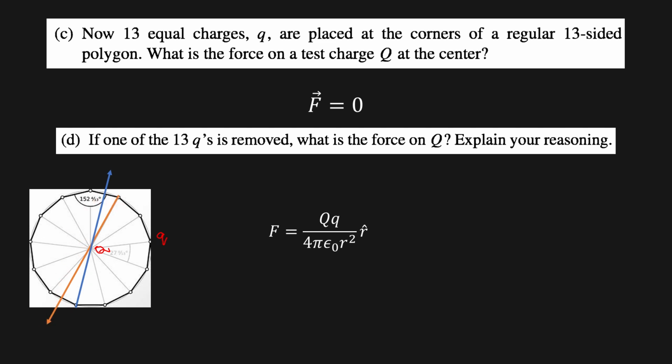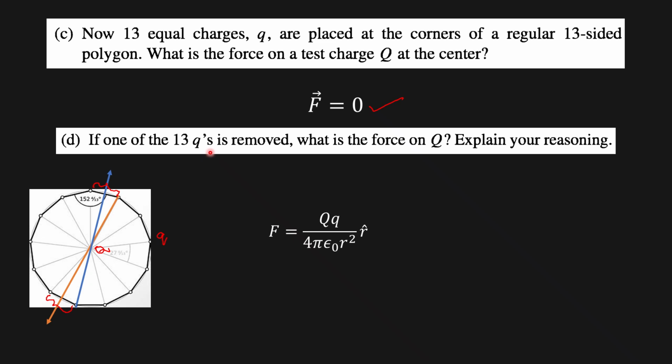If you consider the blue line, there are two charges symmetrically situated. Here also two charges are symmetrically situated. So each will cancel out. Even if you rotate, the same thing will happen because of the symmetry. So with physical justification, we proved F is equal to 0 for the 13-sided polygon.